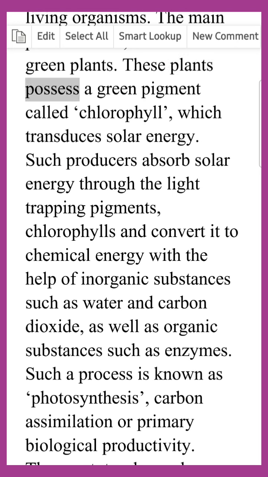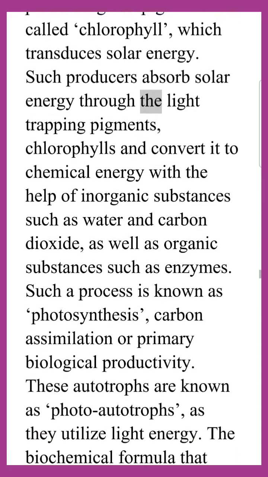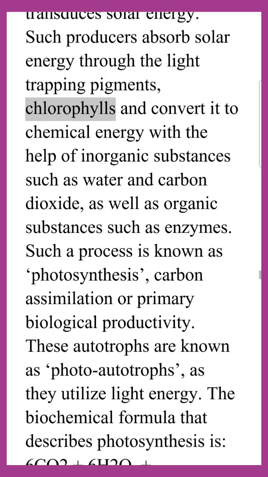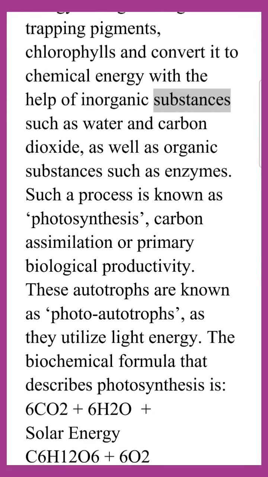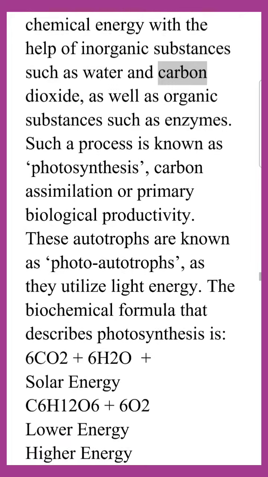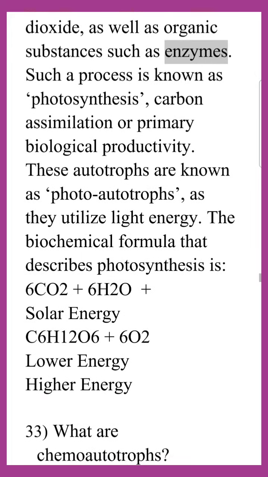These plants possess a green pigment called chlorophyll, which transduces solar energy. Such producers absorb solar energy through the light-trapping pigments, chlorophylls, and convert it to chemical energy with the help of inorganic substances such as water and carbon dioxide, as well as organic substances such as enzymes.